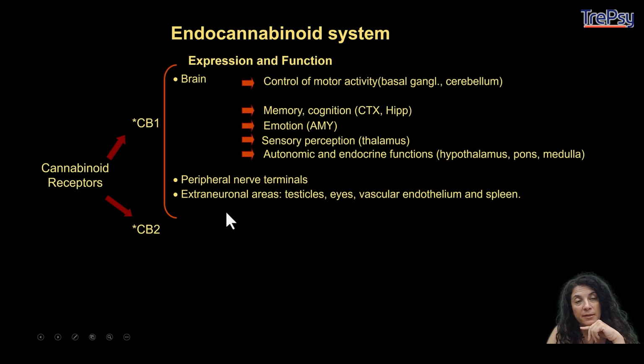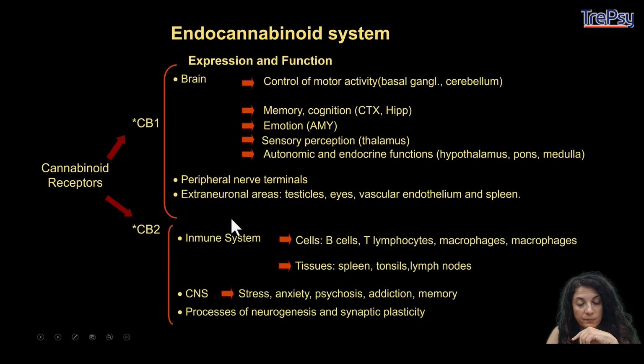I can find cannabinoid receptor type 1 in peripheral nerve terminals, extraneuronal areas, testicles, eyes, vascular endothelium, and spleen. The CB2 receptors are in the immune system, in T cells, B cells, lymphocytes, macrophages, tissue, spleen, and lymphatic nodes.